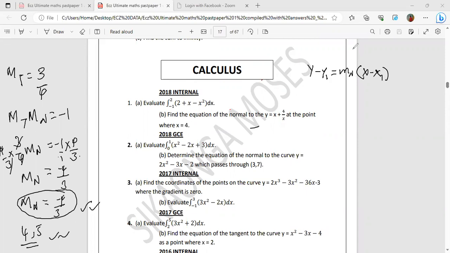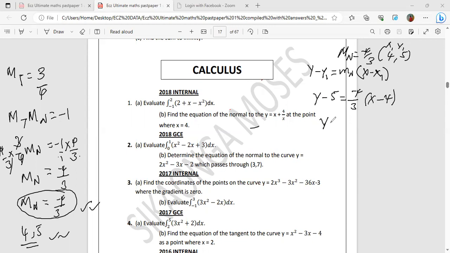Since you have the gradient of the normal as -4/3, and your coordinates as 4,5, this is your x1 and this is your y1. You say y minus your y1, which is 5, equals mn, which is -4/3, times x minus our x1, which is 4.